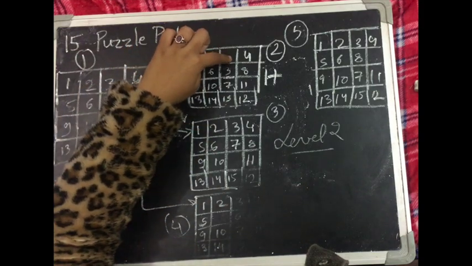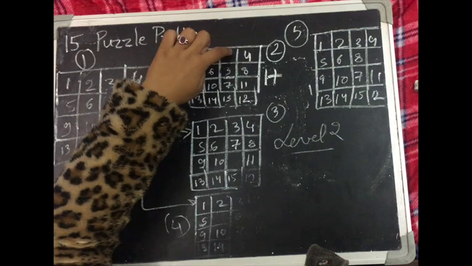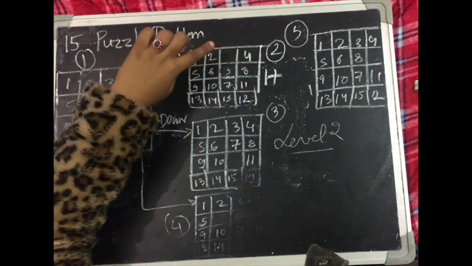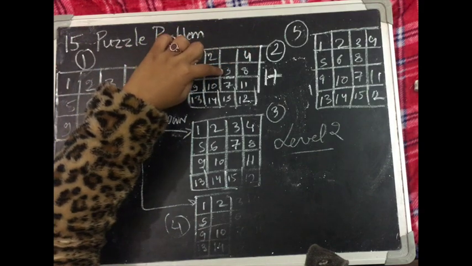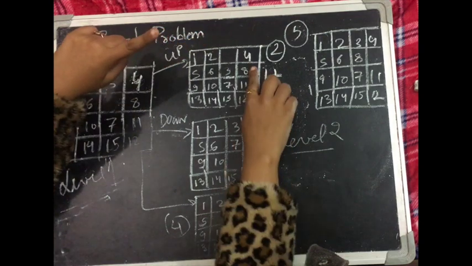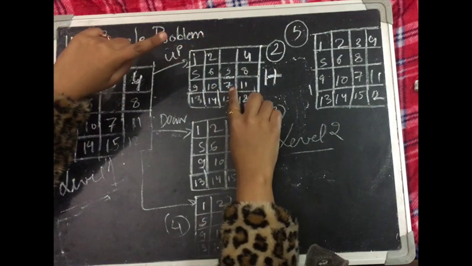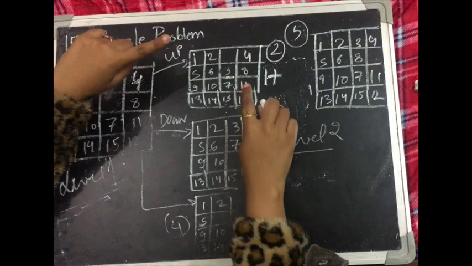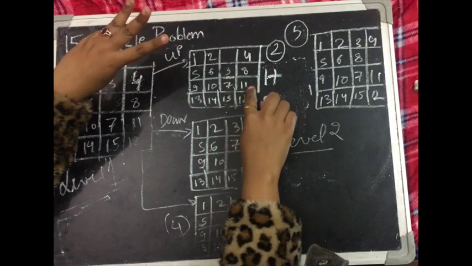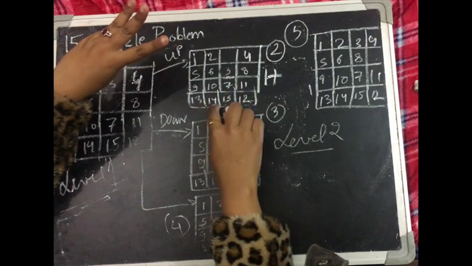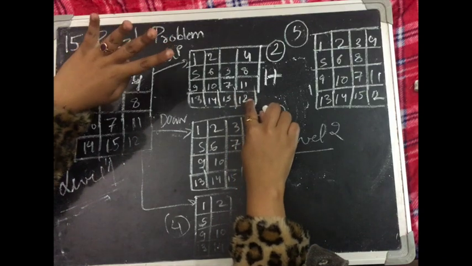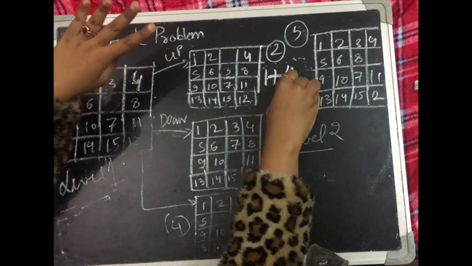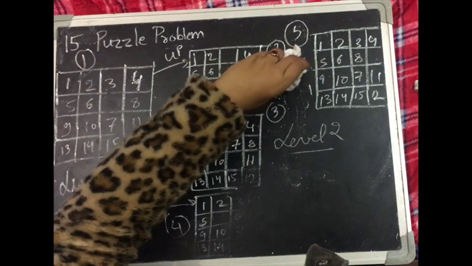This gap we don't consider as a block. 4 will be same. 5 6 will be same. The first difference will come here. Then 8 will be same. 9 10, here it should be 11 and 12. So one difference here, third difference here. 11 12 13 14 15, and this 12 should also not be here. So 4. That is 1 plus 4. It comes out to be 5.